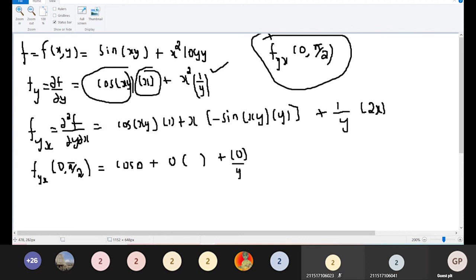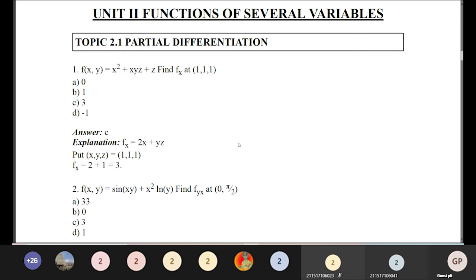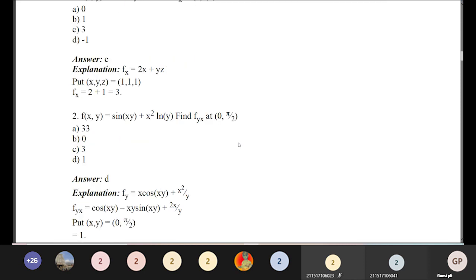The y value here is pi by 2. 0 by any number is 0. The other two terms will be 0. Anything by 0 is infinity, so sometimes we get confused, but 0 by any number is 0 only. The answer here is option D.